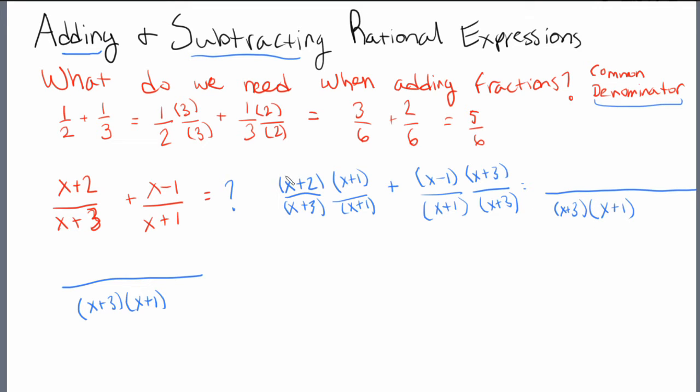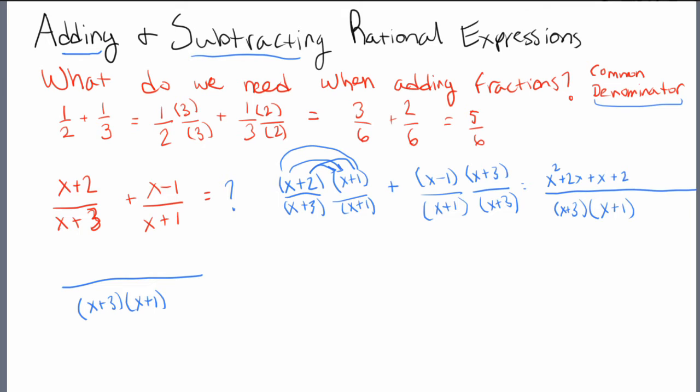So x plus 2 times x plus 1. x times x, I have x squared, plus 2 times x, so 2x, plus 1 times x, so plus x, and then plus 2 times 1, so plus 2.